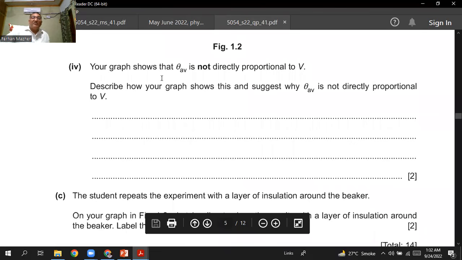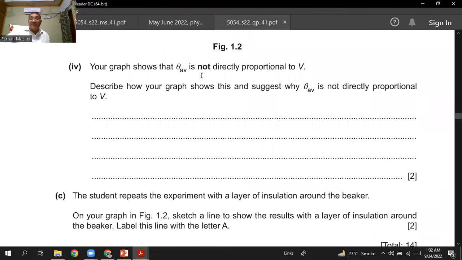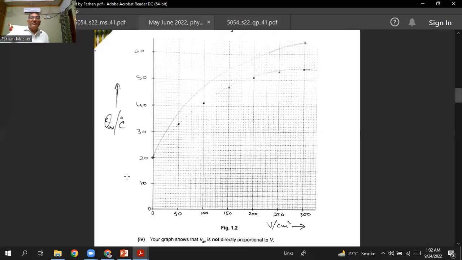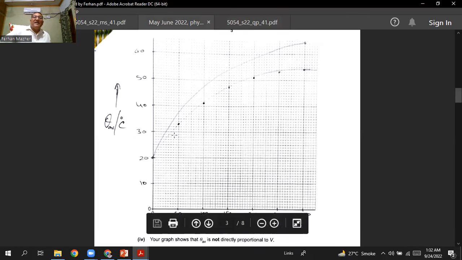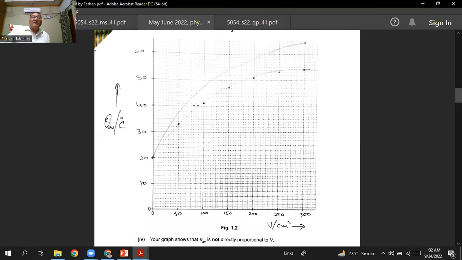He says your graph shows that the temperature theta is not directly proportional to V. Describe how your graph shows this and suggest why theta is not directly proportional to V. So you see, basically, this graph is between the volume added and the rise in the temperature. So this graph is not a graph of directly proportional because this is not a straight line graph.